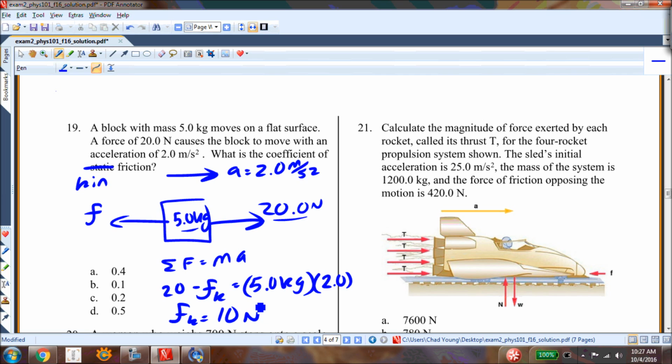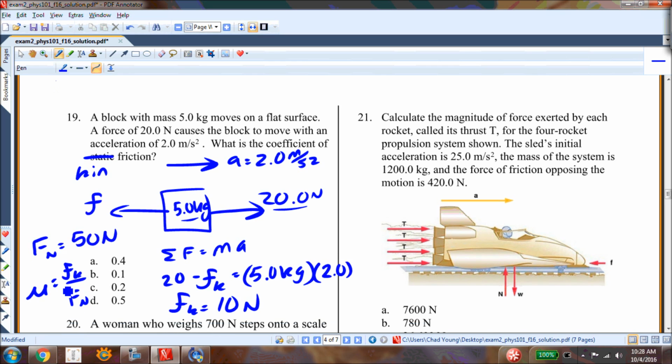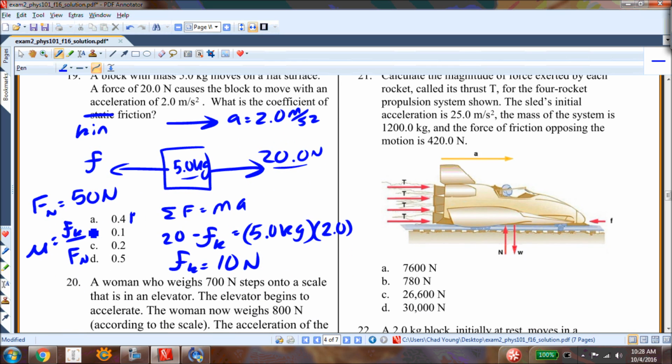My normal force Fn is equal to the weight, which is 50 newtons, and so mu is going to be Fk over Fn, which is 10 over 50. That's 0.2 is the right answer for number 19.